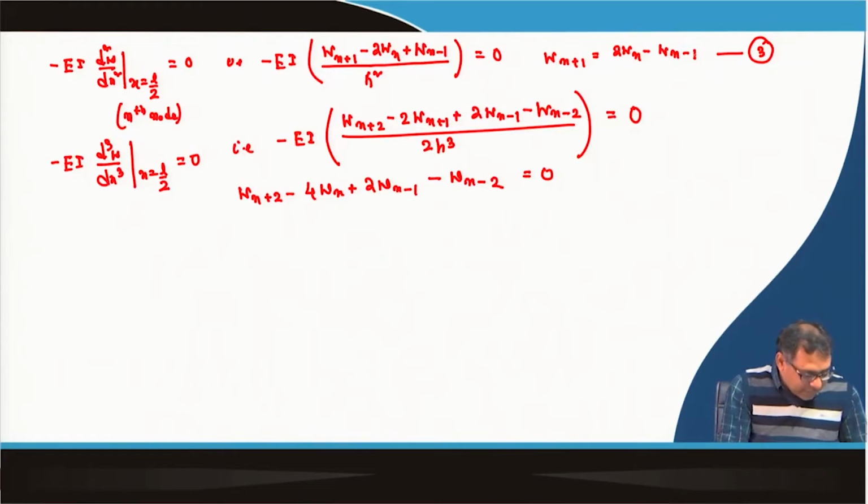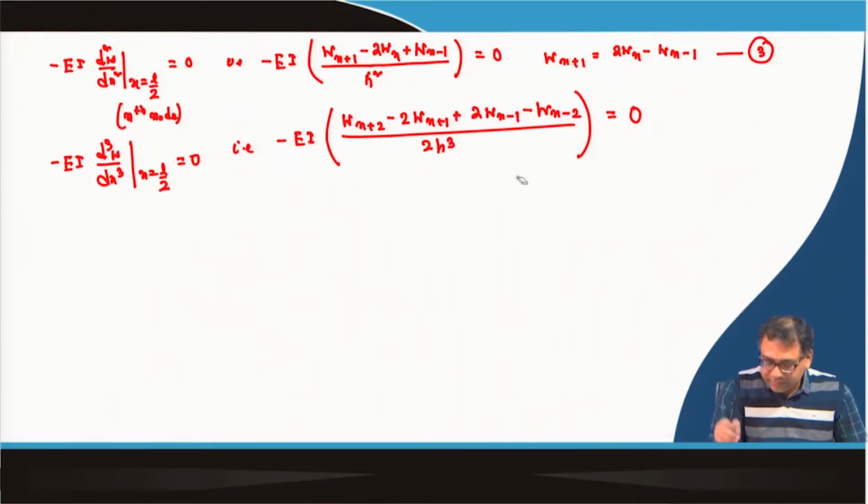Okay. So, finally, let me first write this in a different form, that means w n plus 2 minus 2 w n plus 1 plus 2 w n minus 1 minus w n minus 2, where w n plus 1 is replaced by 2 w n minus w n minus 1.